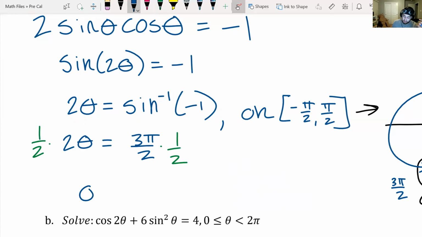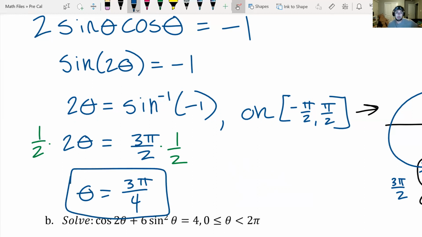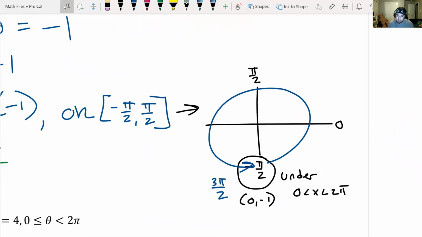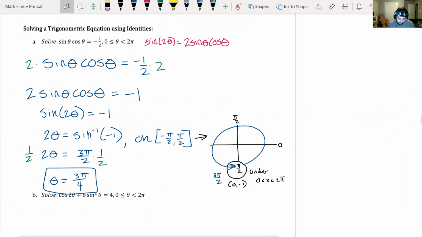Therefore, theta is 3 pi/4. 3 pi/4. Okay. The other way to handle this without inverses is, let's get rid of that unit circle.